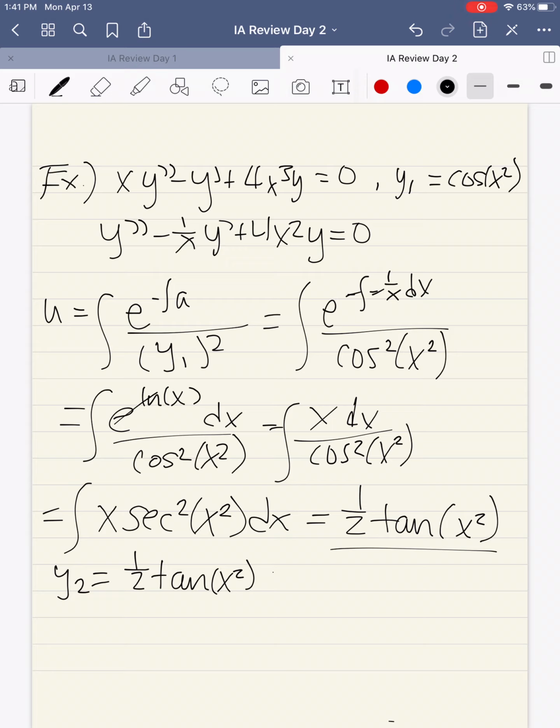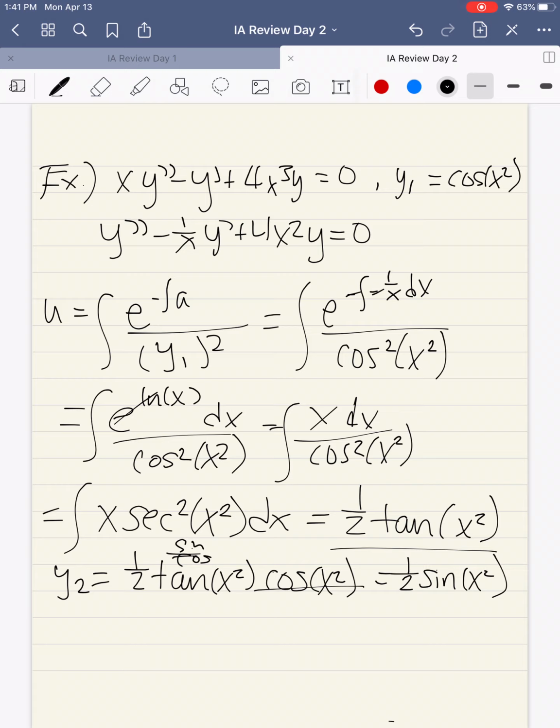1/2 tan x times cosine x squared, and then since tan is actually sine over cosine, this cosine is going to cancel out with this cosine, and we're just left with 1/2 sine of x squared.